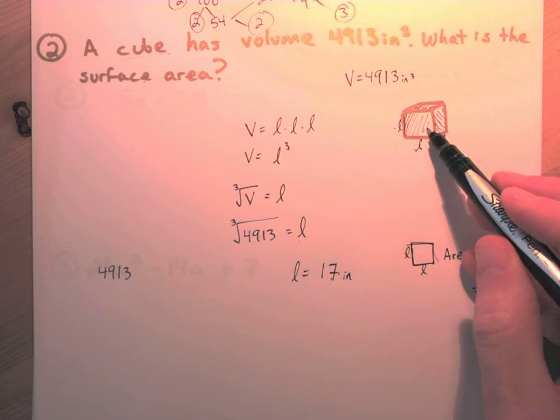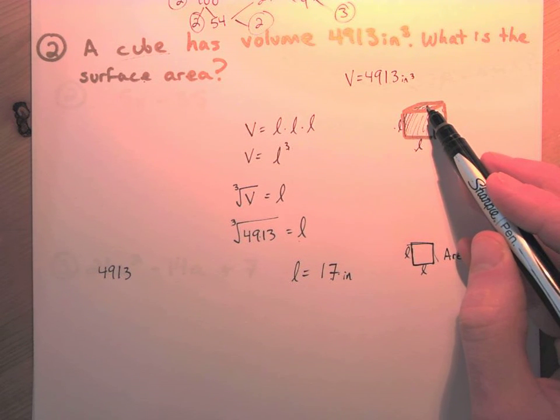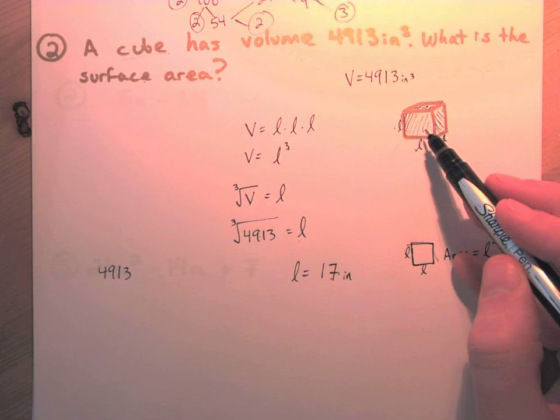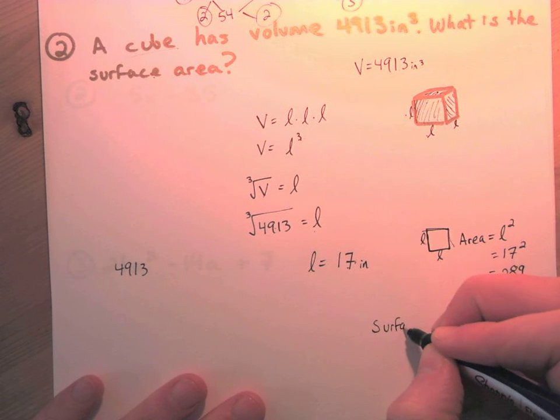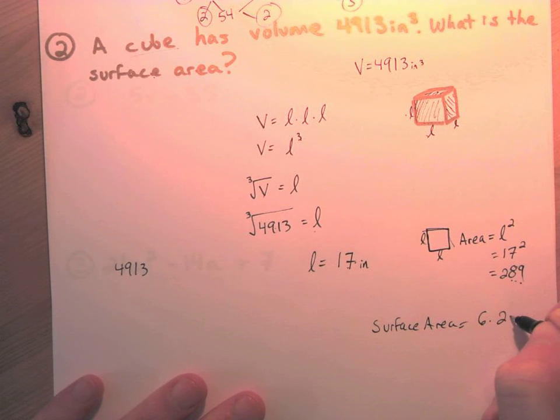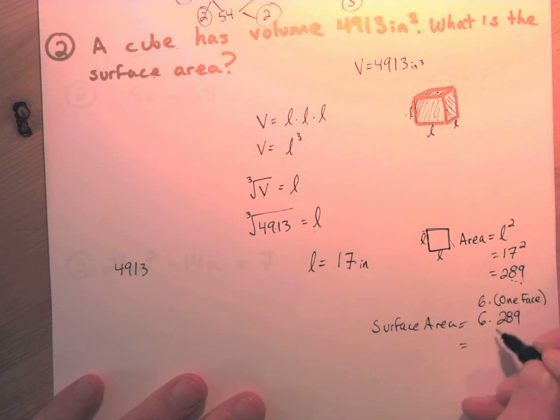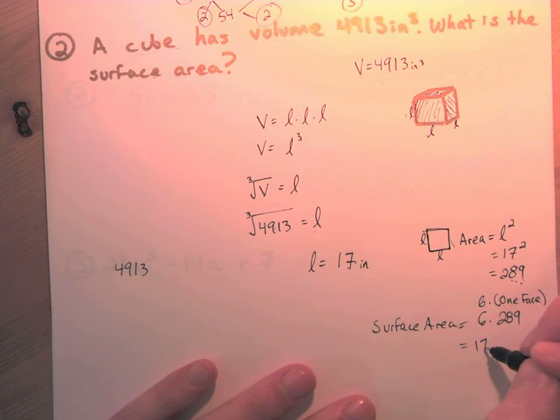How many faces are there? 1, 2, 3, and then there's 3 on the other side, 4, 5, 6. So surface area is equal to 6 times one face. 6 times 289 is 1734 inches.